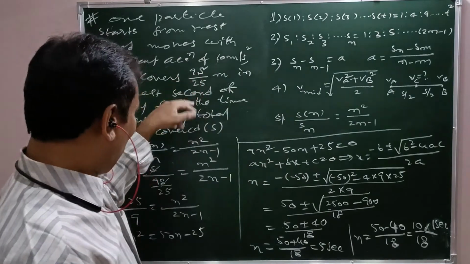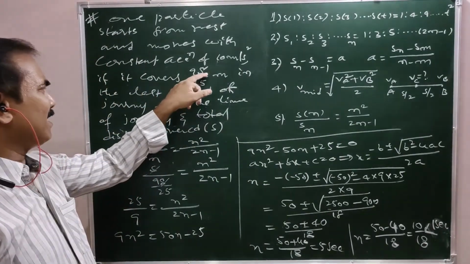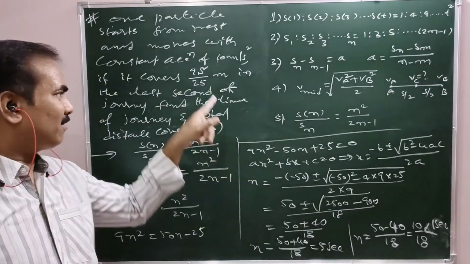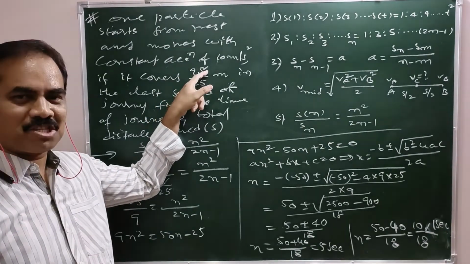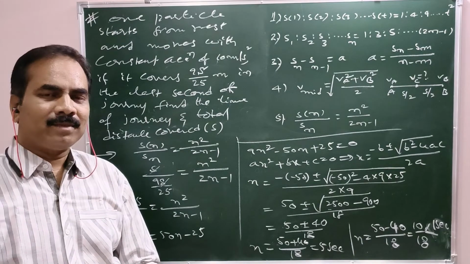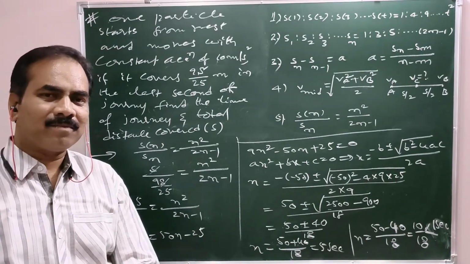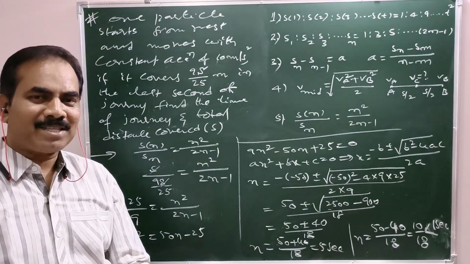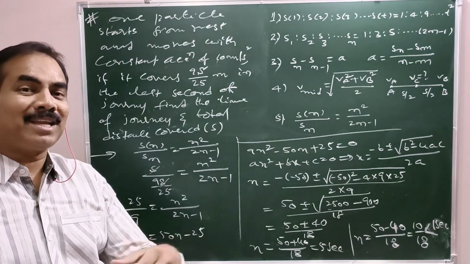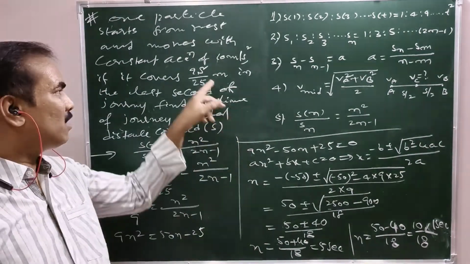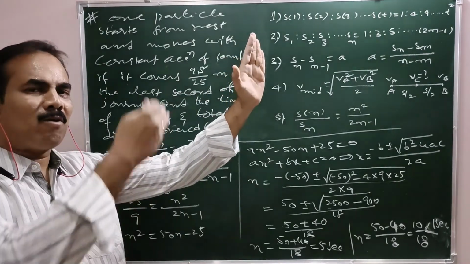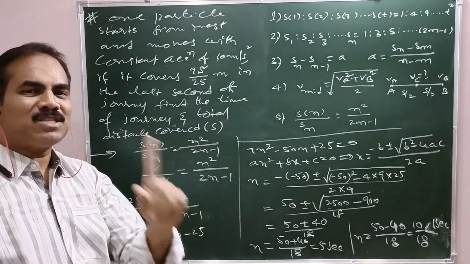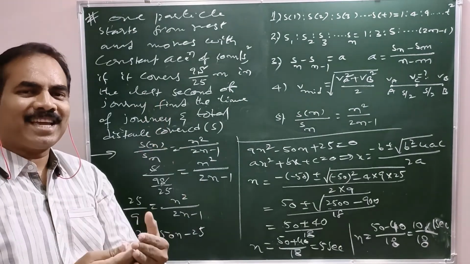We have the distance covered in the nth second, meaning the last second: 9 by 25 times the total distance. Since we are given the distance covered in the last second, the time of journey must be greater than 1 second, because we also have previous seconds.